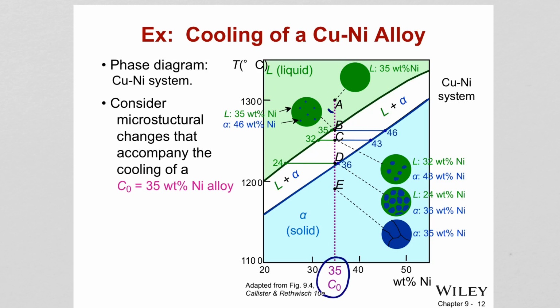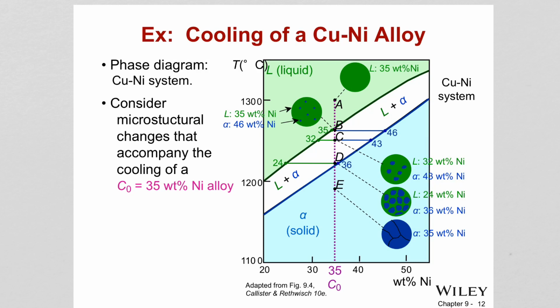We start with point A and then we go down, cooling it down. Let's see how the microstructure is changing. So at point A we have a pure liquid and its composition is 35 weight percent nickel.